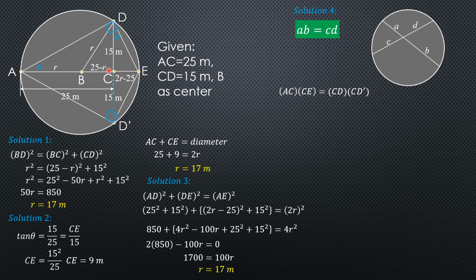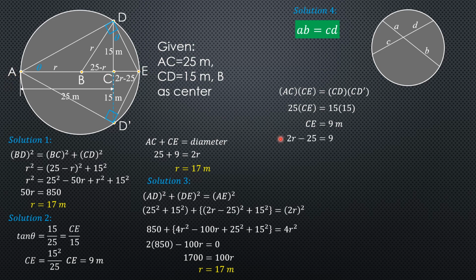Since CD and CD prime are equal to 15 meters and AC is 25 meters, from there we can determine CE, which is 15 square over 25. So CE is 9 meters.